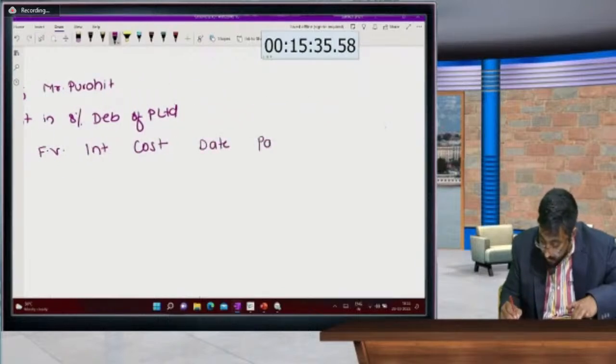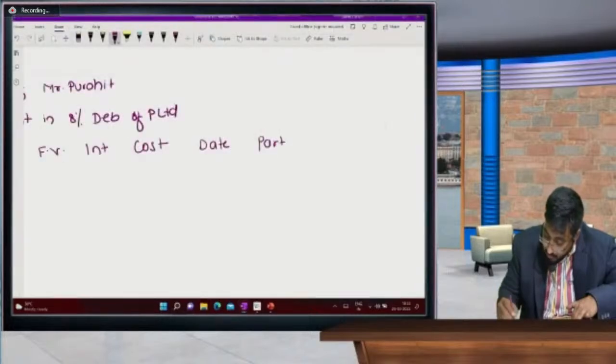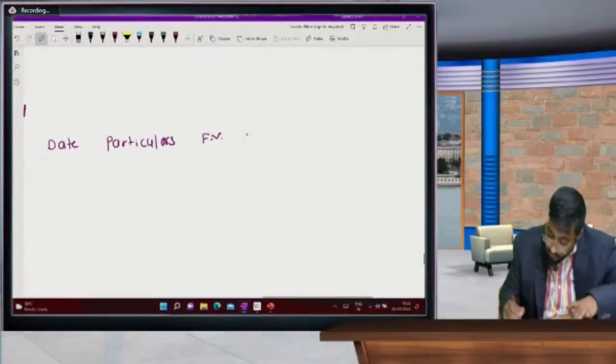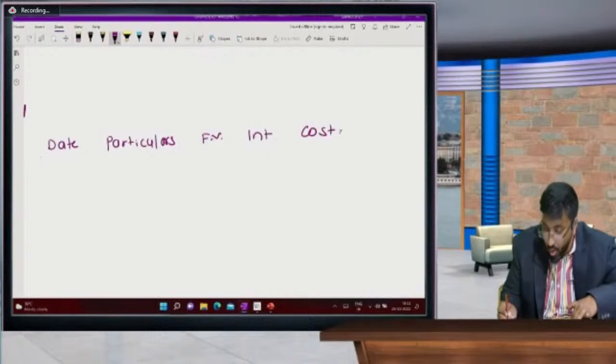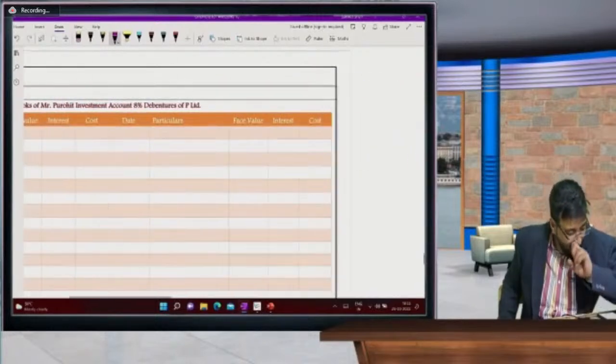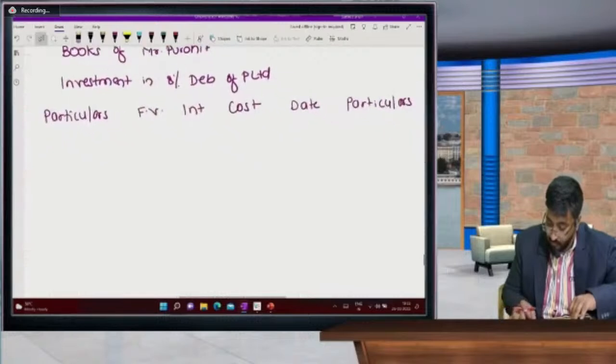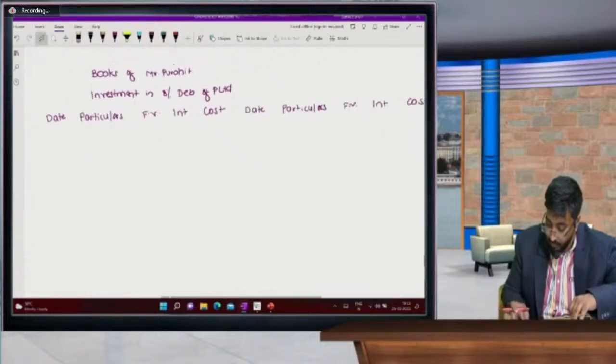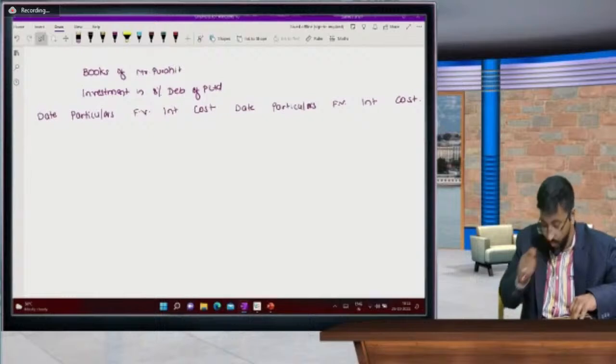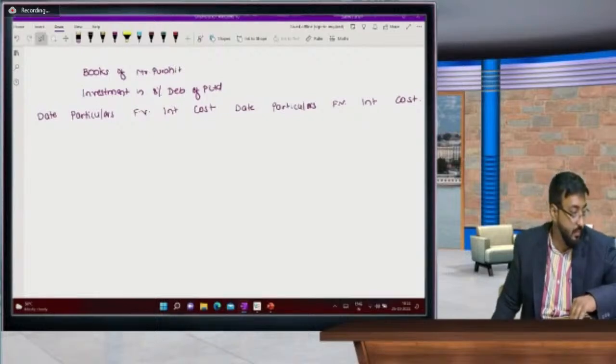Date, particulars, face value, interest, cost. Draw it for three-fourths of the page.